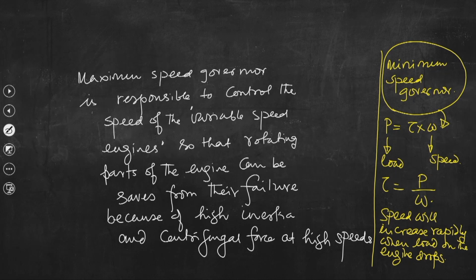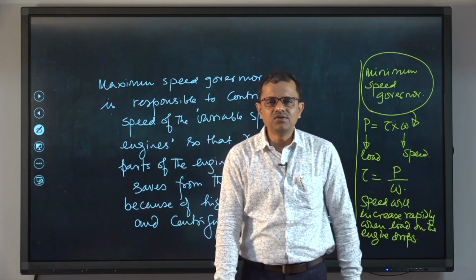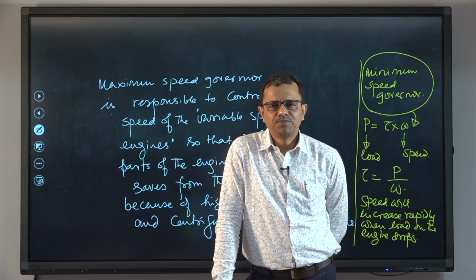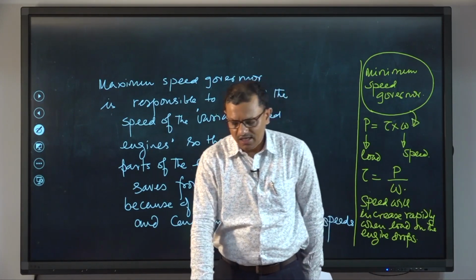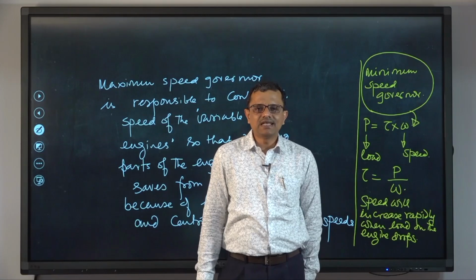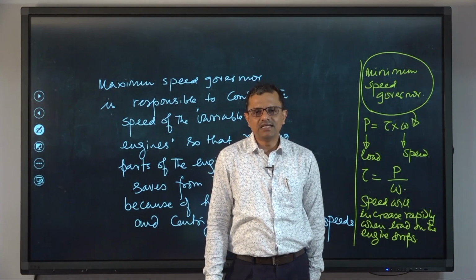So, from the discussion I had until now, you can understand that speed control of the engine is essential, because in most cases it is not a variable speed engine.